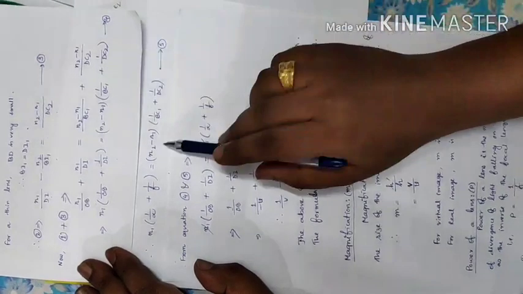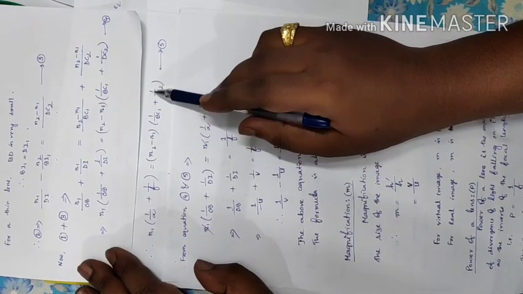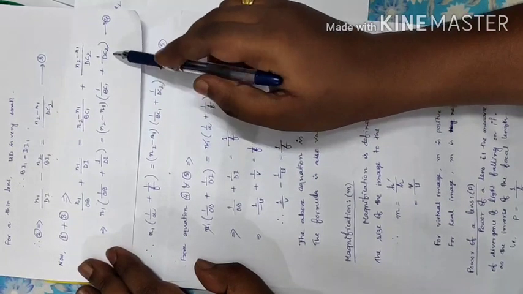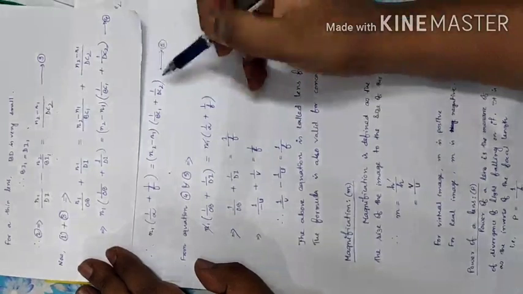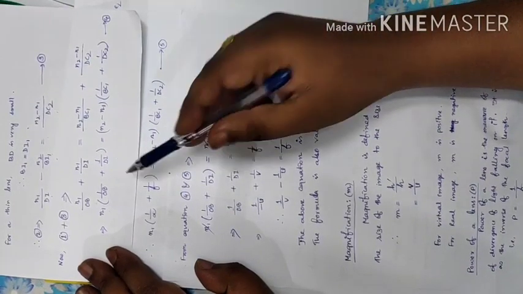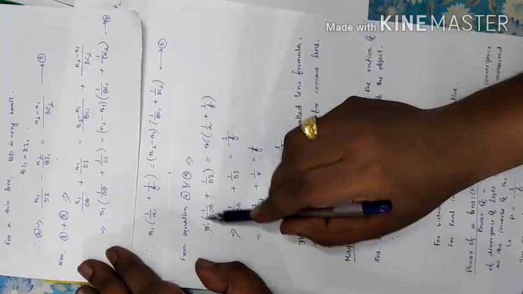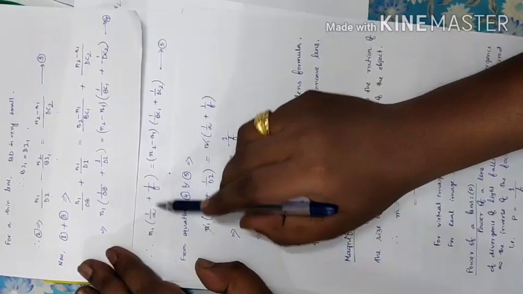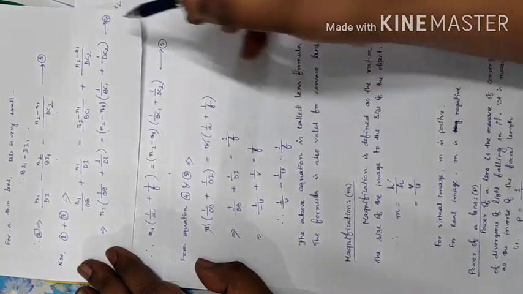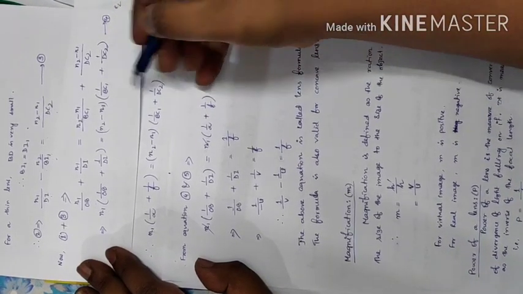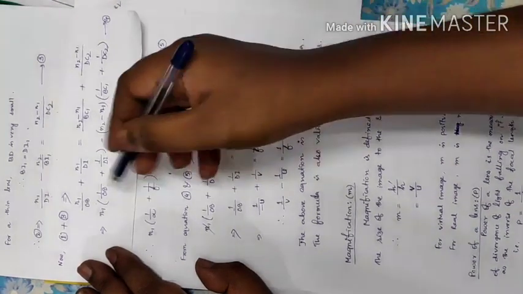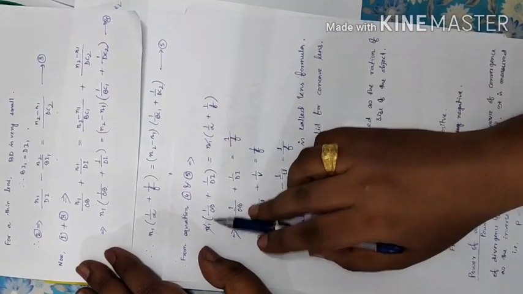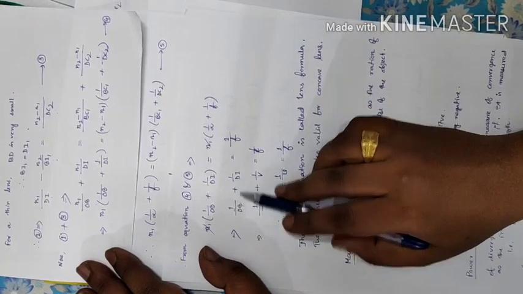Equation 5: (n2 minus n1)(1/R1 plus 1/R2). Since the right sides of 4 and 5 are equal, the left sides must also be equal. So n1 (1/ob + 1/di) is equal to n1 (1/infinity + 1/f), because the right side values in equation 4 and 5 are equal. So n1 cancels.